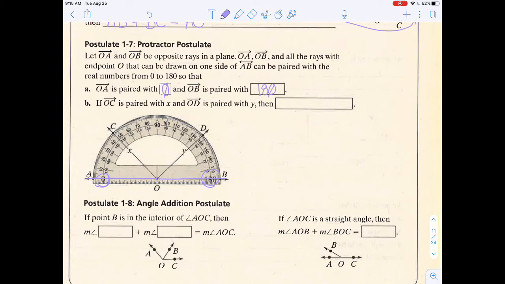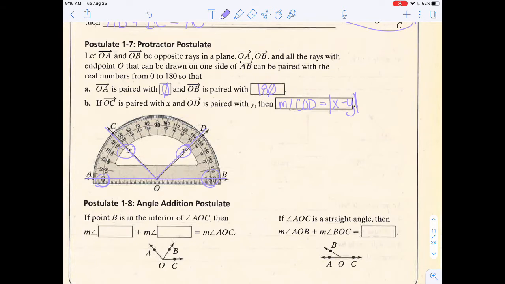It also says if ray OC is paired with X, so that's this one here, and they labeled it X, and ray OD is paired with Y, so this ray, they labeled it Y, then we can find the measure of angle COD by taking X, the degree marker for X, minus Y, and finding the absolute value of that.